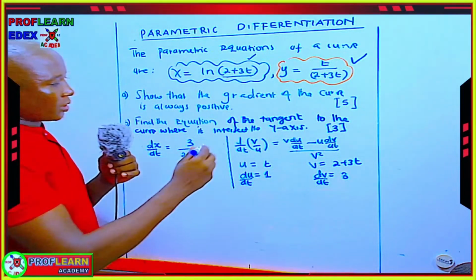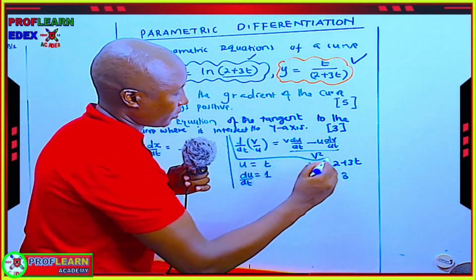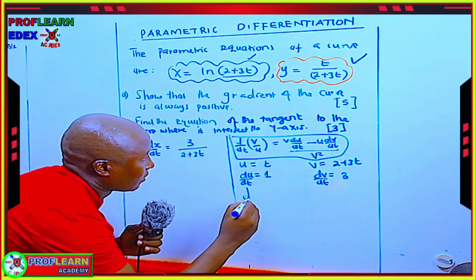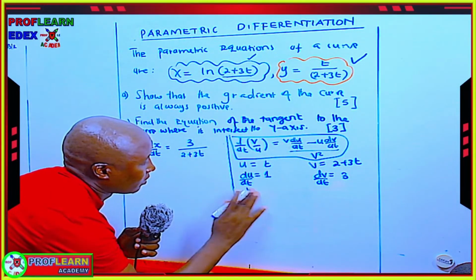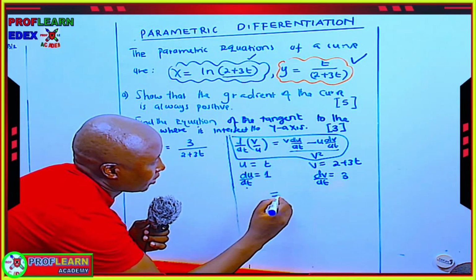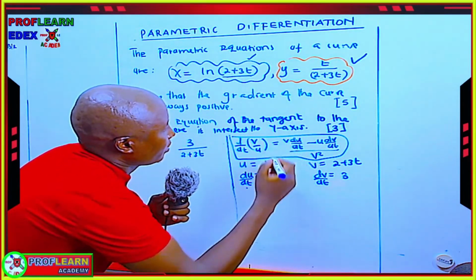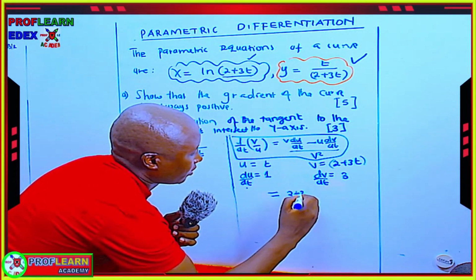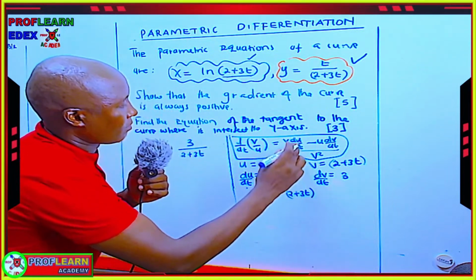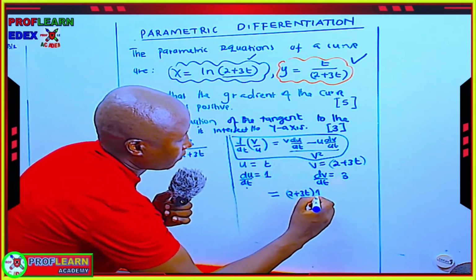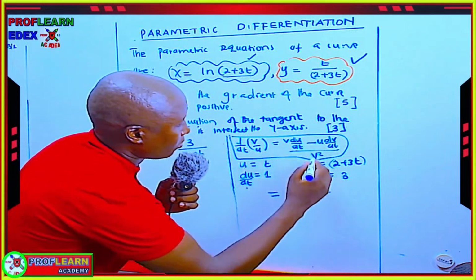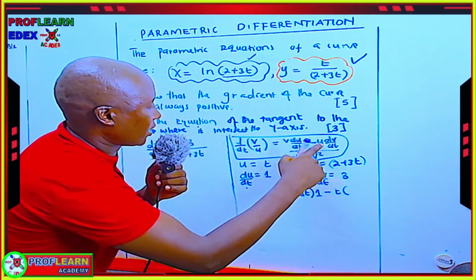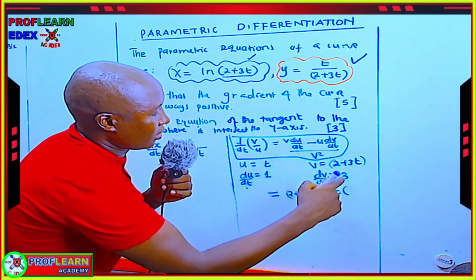So if we substitute these values into this, we get v, which was 2 plus 3t, times du, but du here is 1, minus u, which was just t, times dv, but dv is 3.